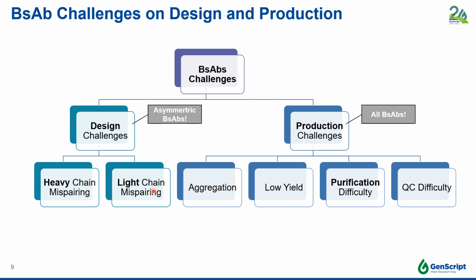You need appropriate BsAb design to avoid those issues. And for the production part, you may be faced with aggregation, low yield, and purification difficulty to get a high purity product, and QC problems to detect the purity.